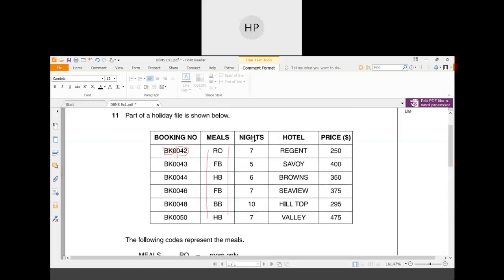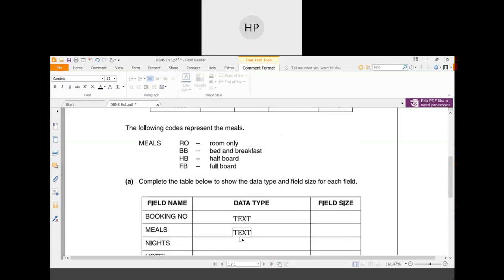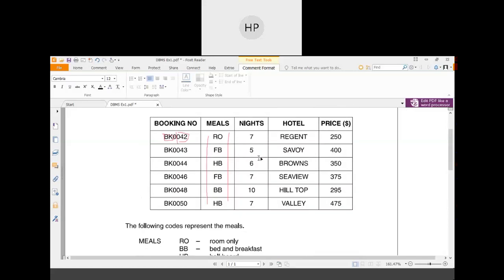Then we have nights. So number of nights the guest is staying in the hotel. What is the data type of nights? Is it text?